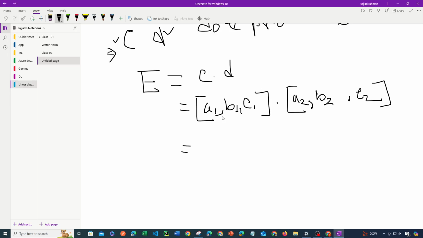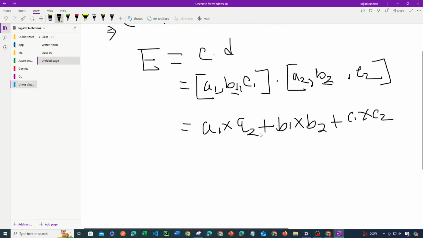Well, we can sum the multiplied elements of the two vectors. What does it mean? It means that we multiply a1 into a2, then sum the rest of the elements. Similarly, we multiply the others and then add them. Okay, so this is the vector dot product.